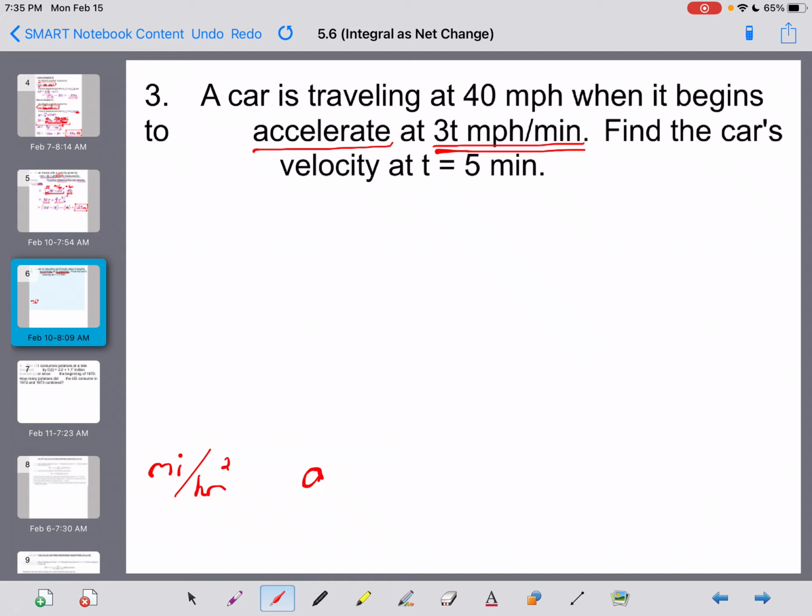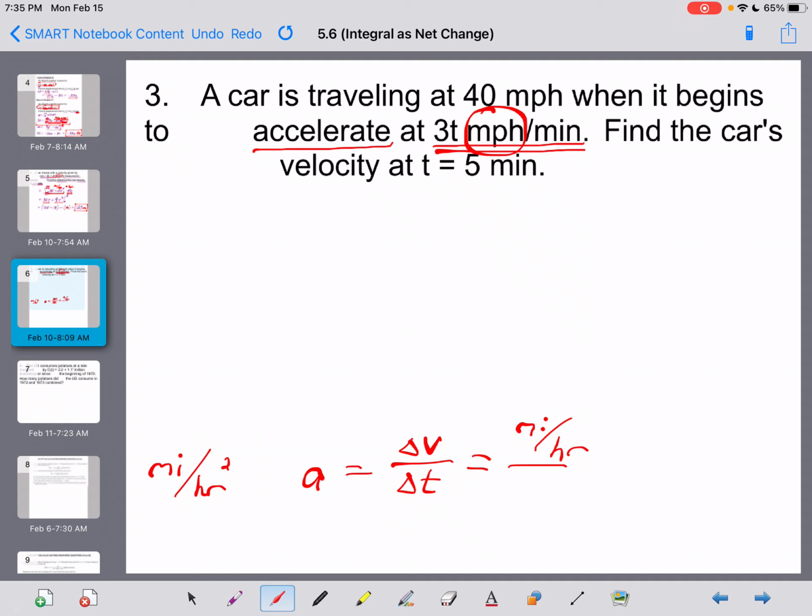But what we really need to remember, guys, is that acceleration is defined as the change in velocity of an object over time. And velocity, okay, well, there's a lot of different units we could use for velocity, but miles per hour is the one we use most often when we're talking about a car. So miles per hour is a unit for velocity.